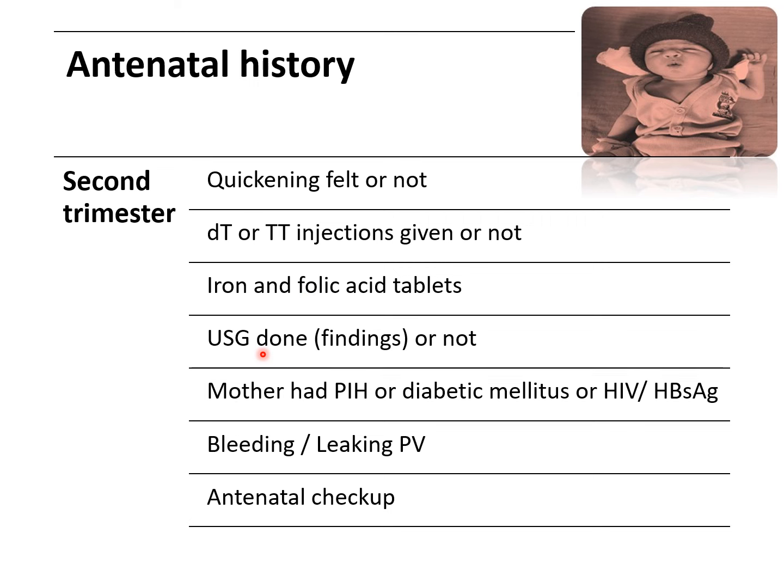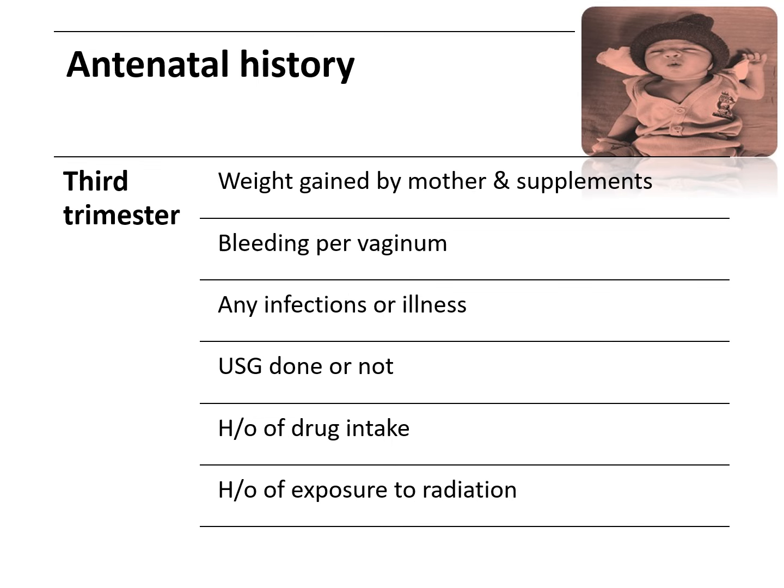Then about the USG done during the second trimester also and what was the finding and mother is having any illness example PIH, diabetes, hypothyroidism or any infection HIV, HBS which is going to affect the baby. We have to ask the history and any bleeding or leaking PV present during the second trimester we have to note down and antenatal checkups how many times taken during second trimester.